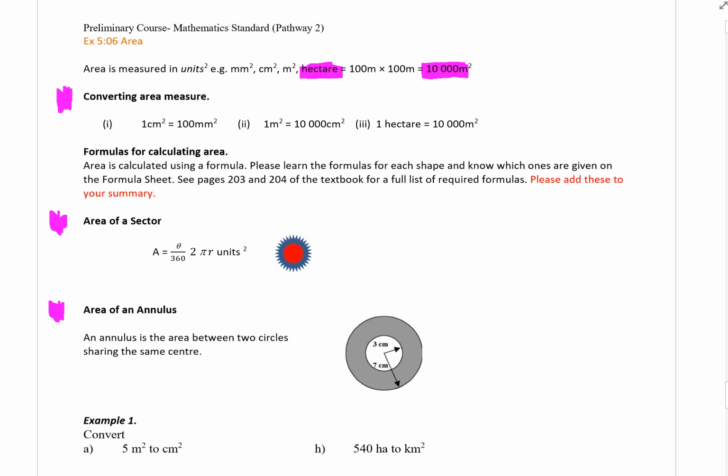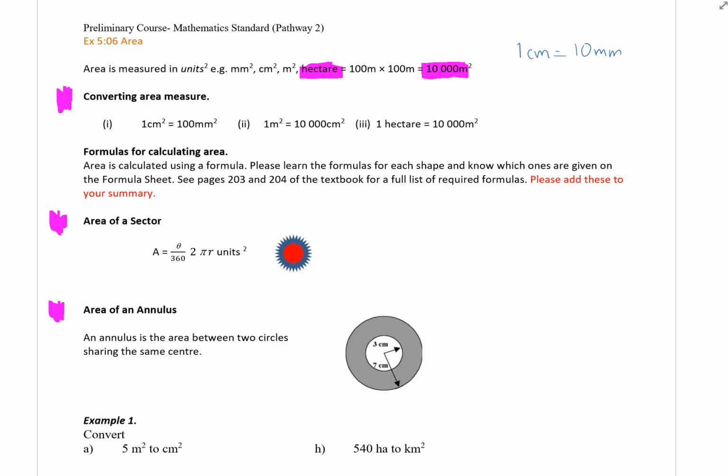Now, for example, we know the connection between a centimetre and millimetres is the number 10. So 1 centimetre is 10 millimetres, we know that. But when we come to square measure, we have to square everything.